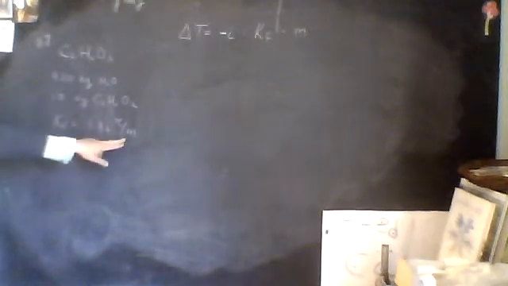The m is the molality, not meters. Kf is the freezing point depression constant, and its units are degrees Celsius per molality.